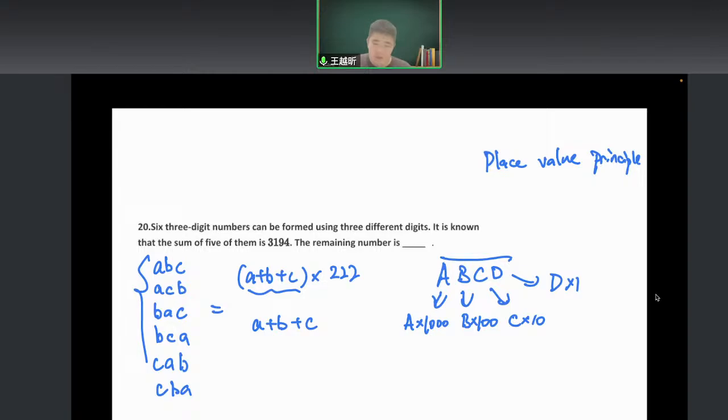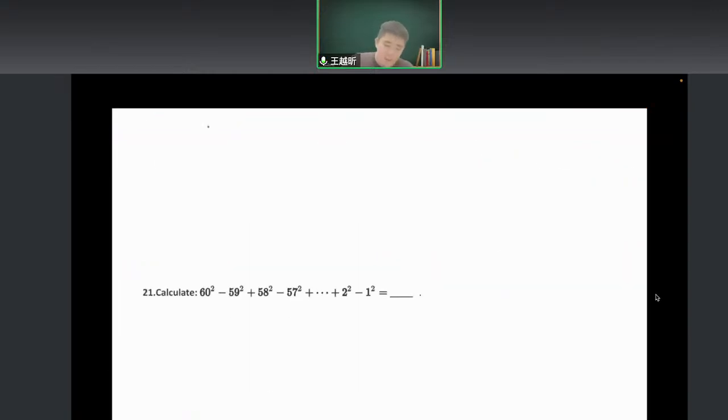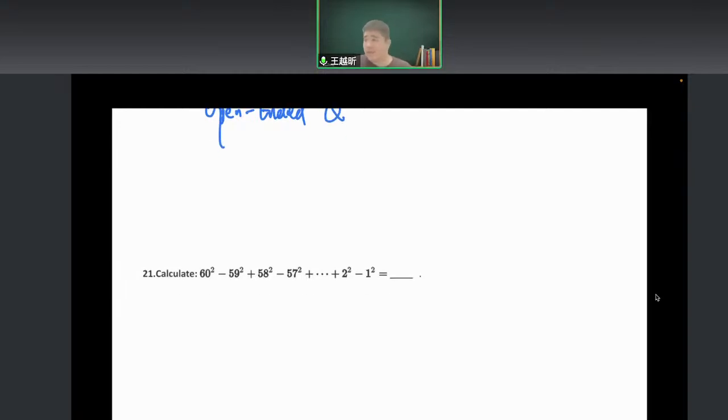Okay, so I move on to part C, the open-ended question. In the open-ended question, you need to write down your workings. The first one tests you on the difference of squares.